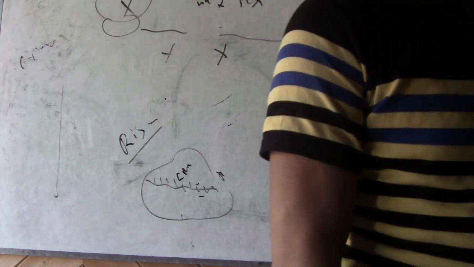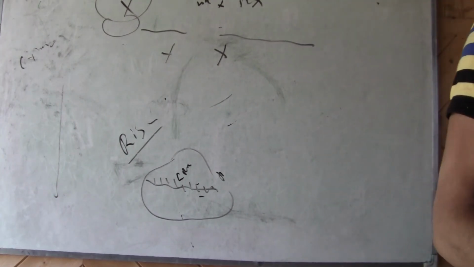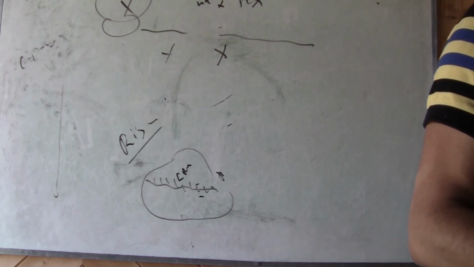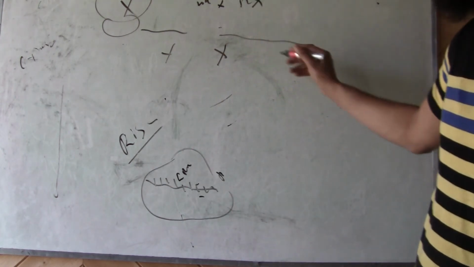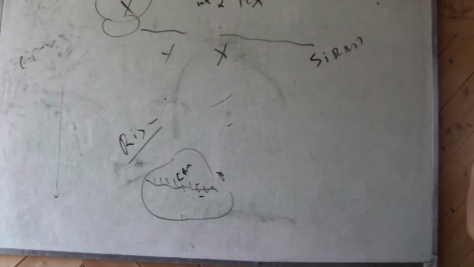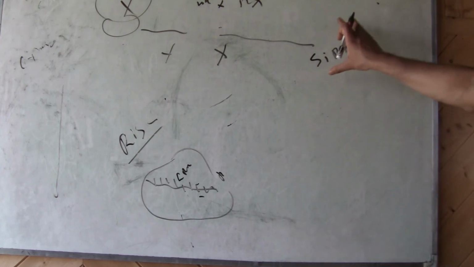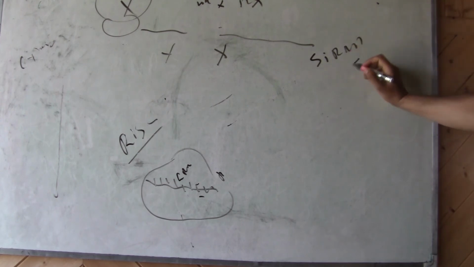So next we have the siRNA. Now there is a similarity in the process of this miRNA and siRNA. The plants also have siRNA. The origin of these siRNAs can be transgenes.